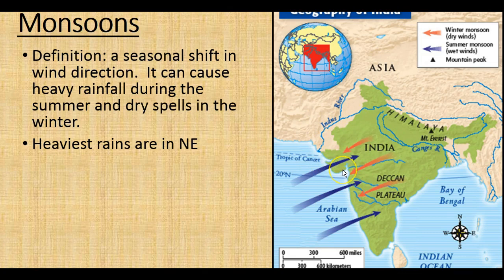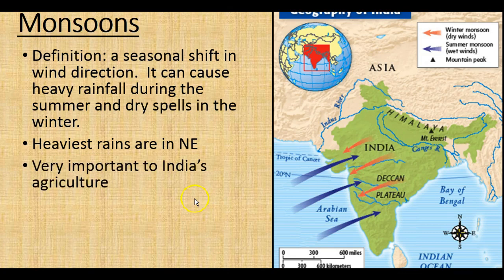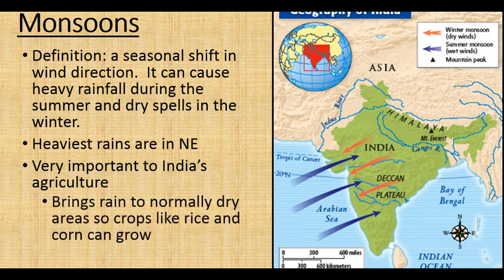I'm going to show you a picture of how much rain they get with these monsoons. Now, these monsoons are very important to India's agriculture. Without them, they would not be able to grow the same kind and as much food. Okay? The monsoons bring rain to normally dry areas so crops like rice and corn can grow.